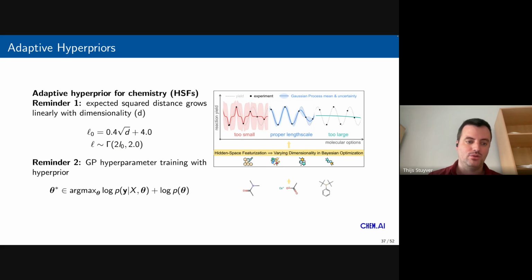There's a square root dependency on the dimensionality of the search space, which is already what I mentioned. And then we determine the prefactor and an offset simply based on a fitting for the individual benchmarking data sets that we considered. And I think there will be a plot on how we decided that in a second.